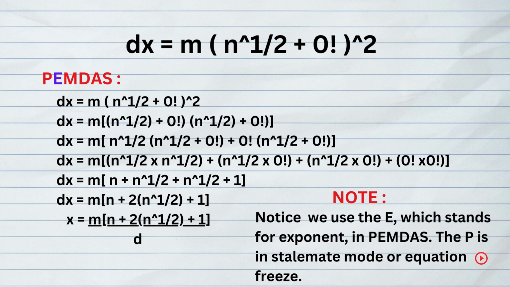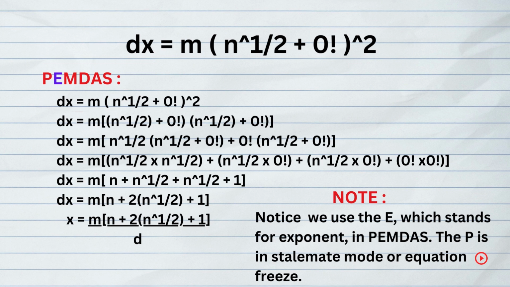d times x equals m times [(square root of n times square root of n) plus (square root of n times 0 factorial) plus (square root of n times 0 factorial) plus (0 factorial times 0 factorial)]. d times x equals m times [n plus square root of n plus square root of n plus 1]. d times x equals m times [n plus 2 square root of n plus 1].